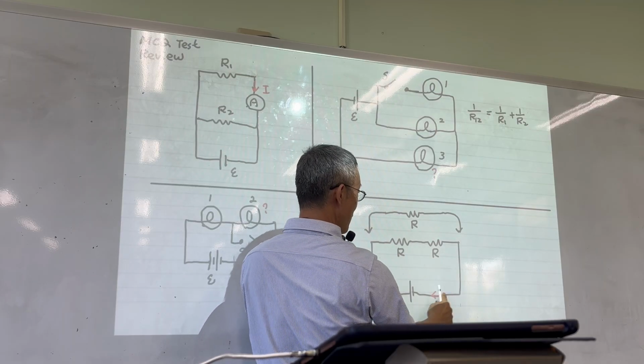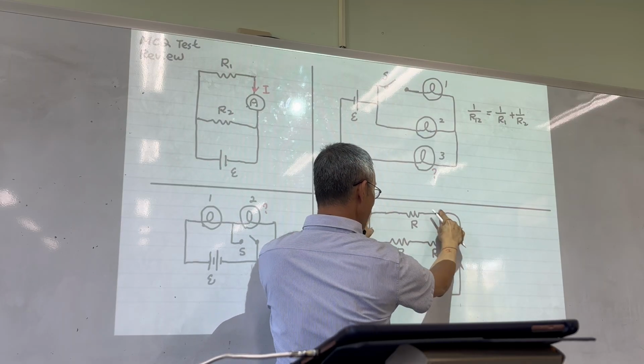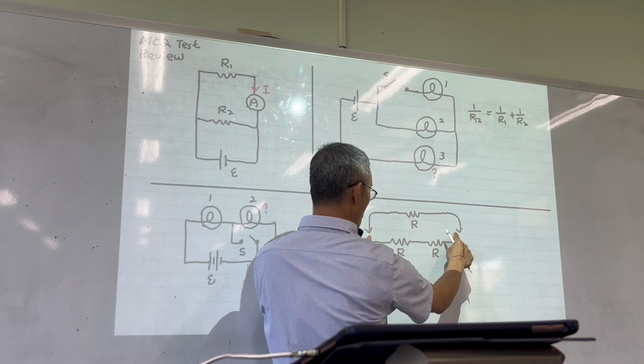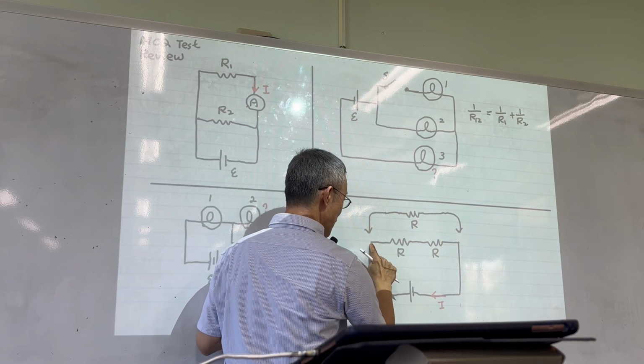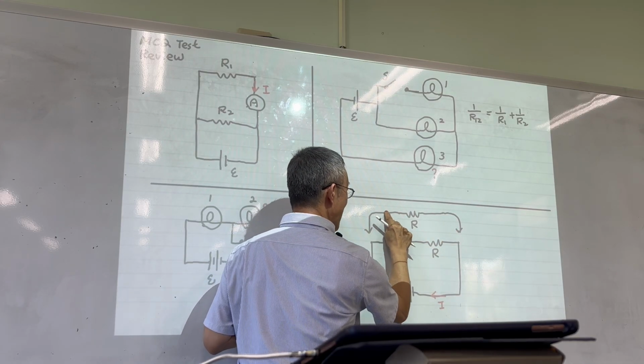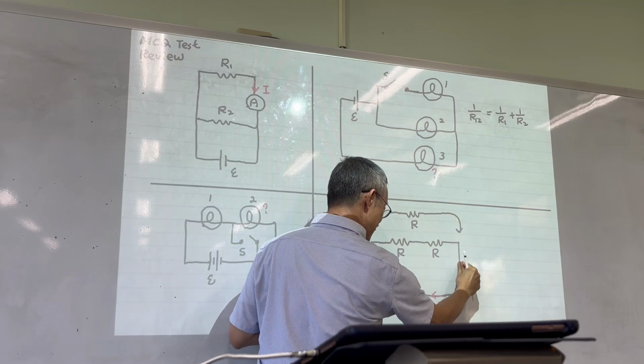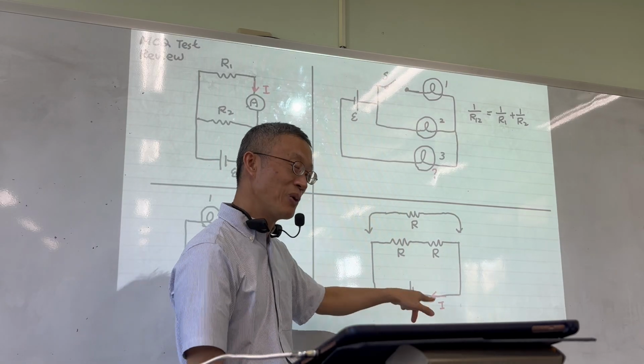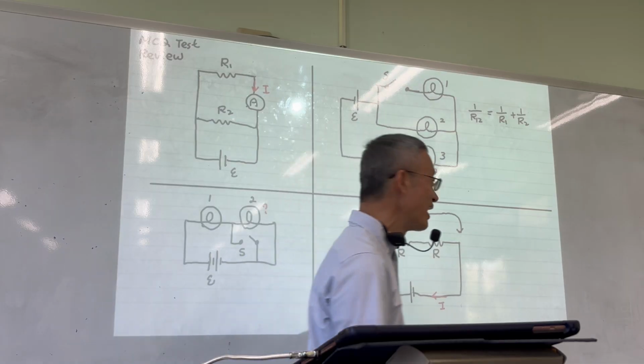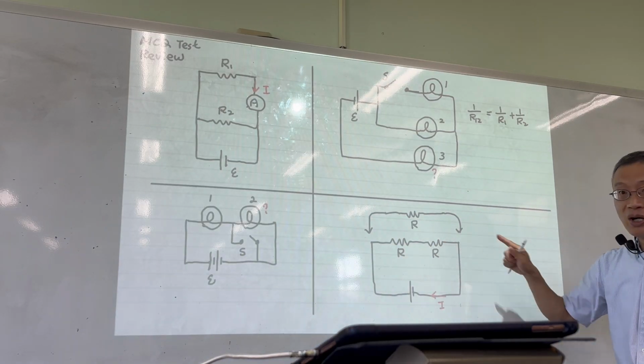across the same battery. Okay, if you add one more branch, there's I1, I2, right? Now they combine together, it goes to I. So I will increase, right? Actually, I1 will be the same.